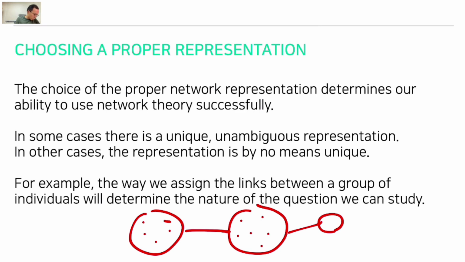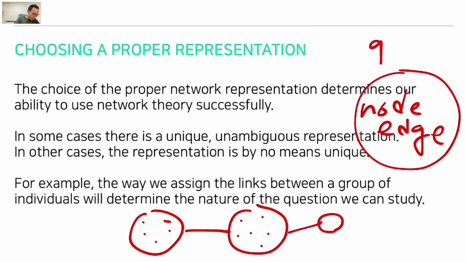So that's why choosing the proper representation is important. So we will come back to this later, and you will learn about many other ways to represent the node and edge. So we started with the concept of the node and edge in the graph space, right?